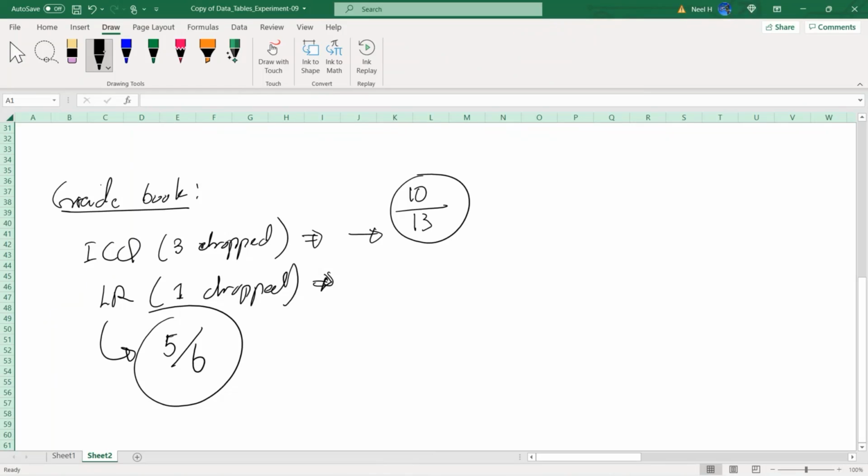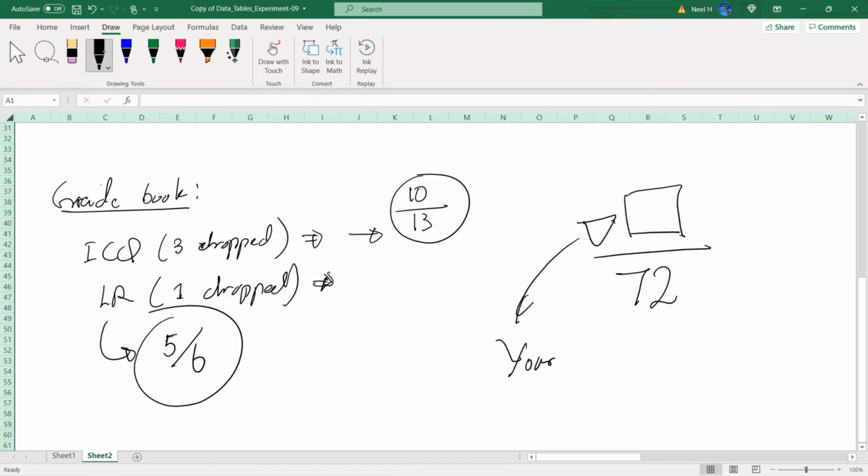So take a look at the grade book right now. It is out of 72. If your number is greater than 50, you are fine. But if not, you can stop by and talk to me. I can take a look individually, case by case.